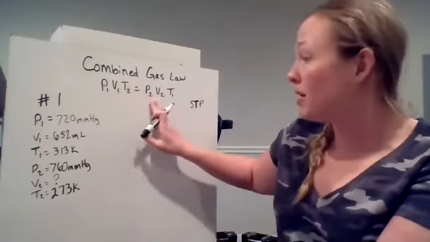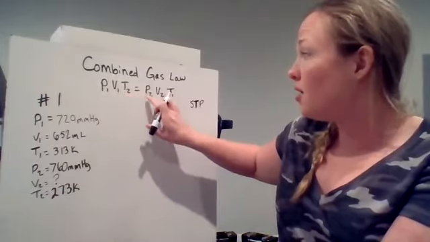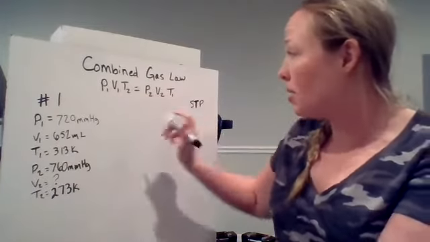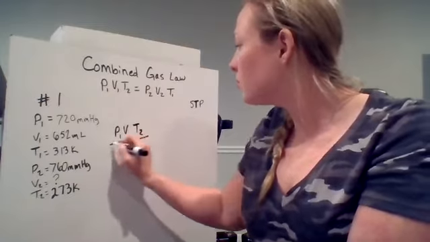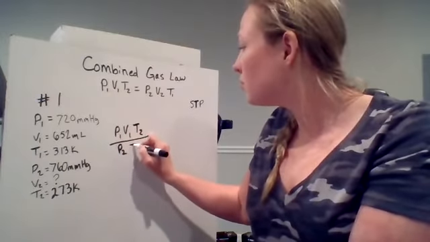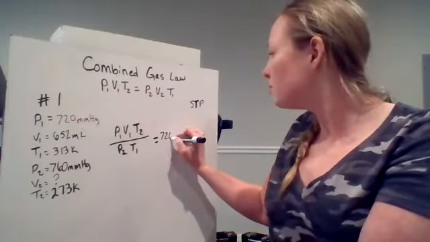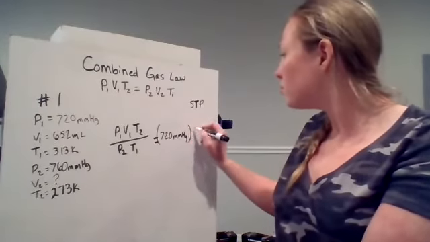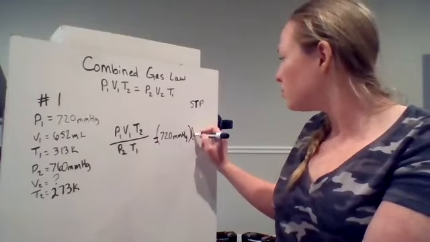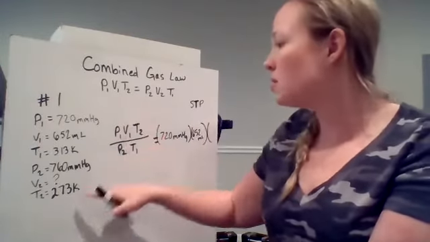Okay, so now we need to rearrange our formula to find V2. So we're going to do this guy over P2 T1. Plug them in. T2.